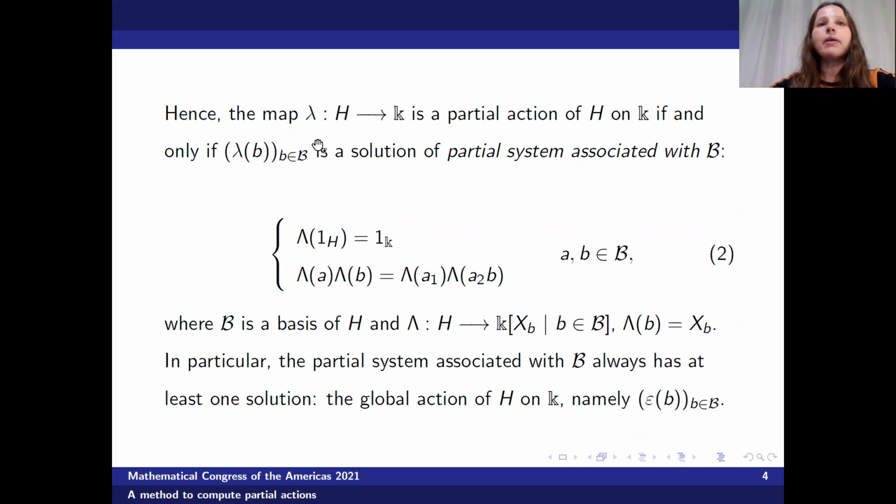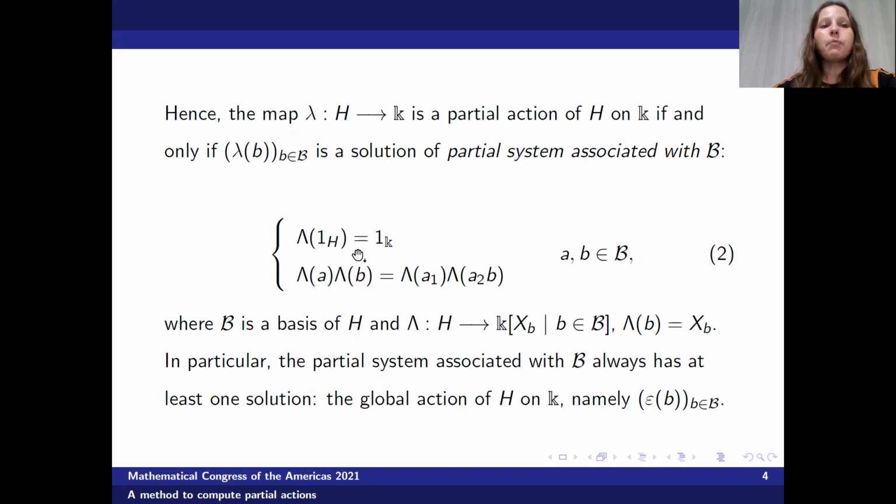Hence, the map lambda is a partial action of H on K if and only if lambda of B is a solution of the partial system associated with B, system 2, where B is a basis of H.